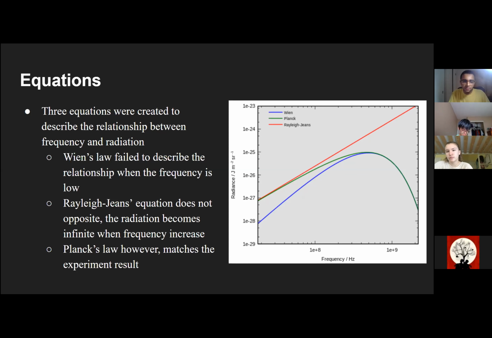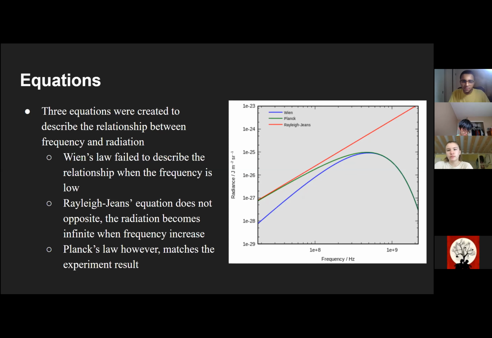Another two people, Rayleigh and Jeans, created the Rayleigh-Jeans equation that tries to describe this phenomenon. This one is fully based on the concept that electromagnetic radiation is a wave. But they made a different mistake, just the opposite.